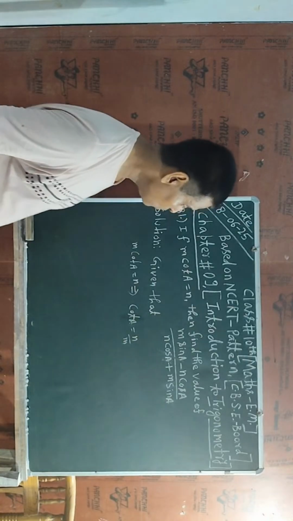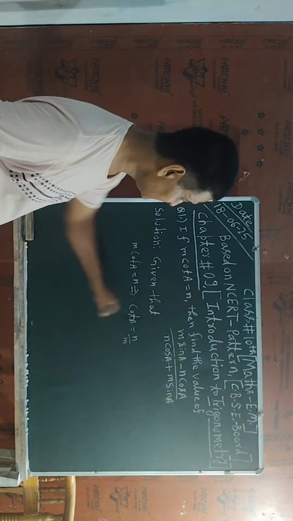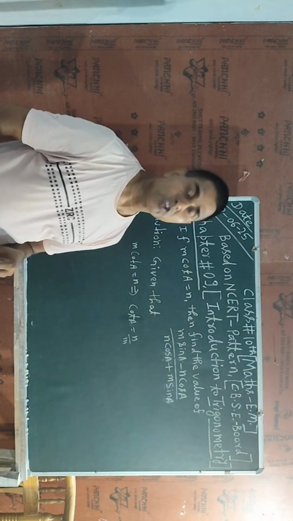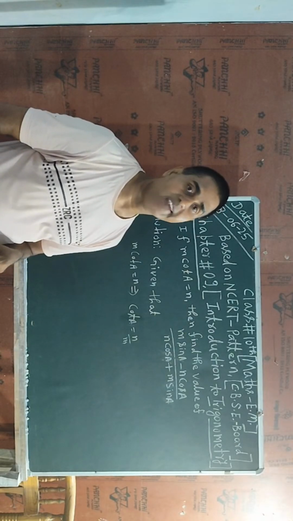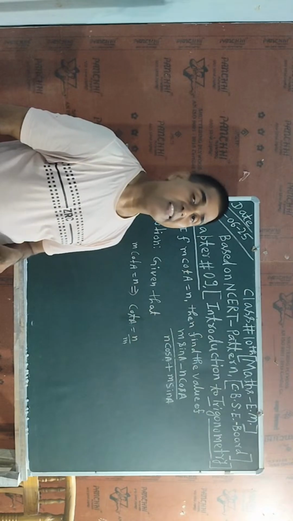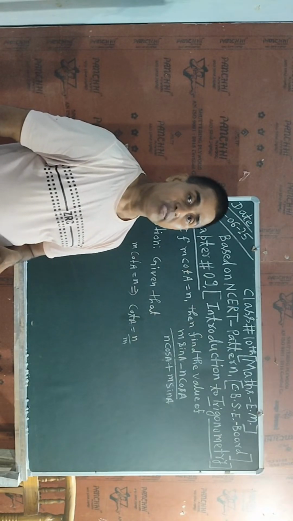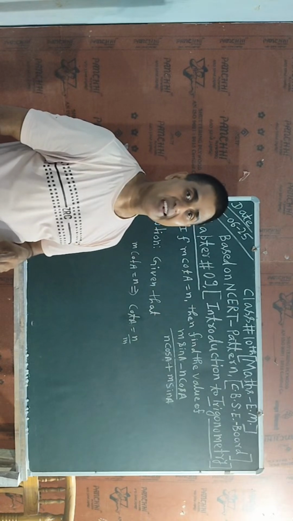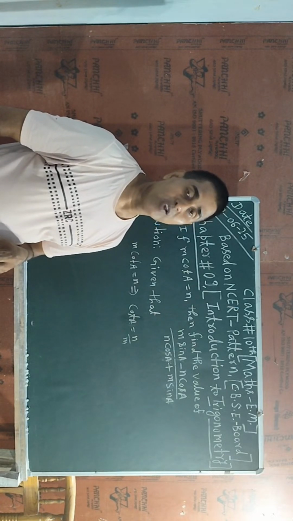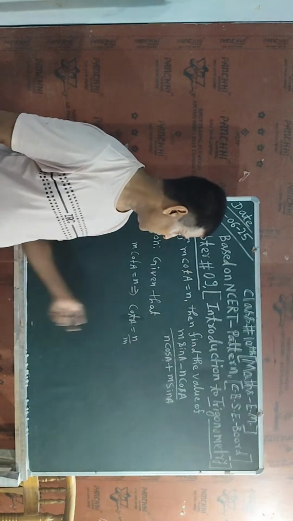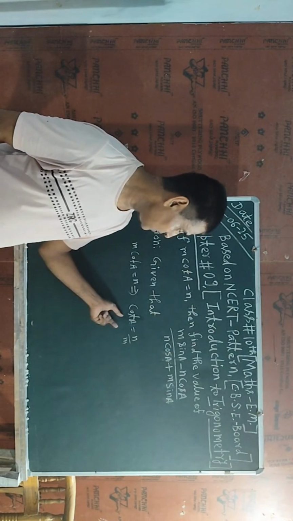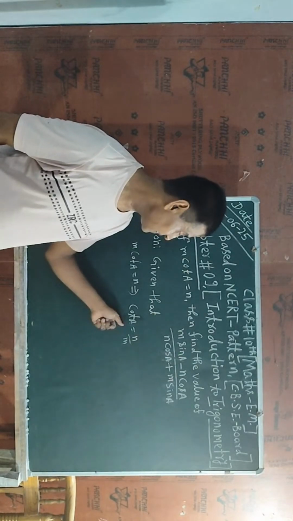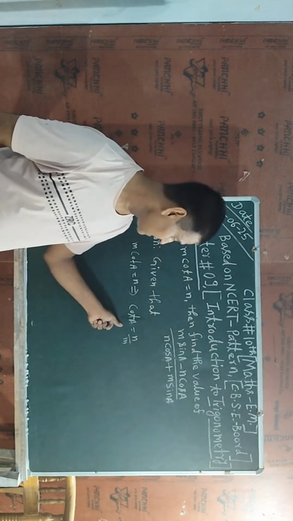Now all this information is available in a right angle triangle, because trigonometric ratio is defined in a right angle triangle. A right angle triangle has one angle 90 degree and the other two angles will be acute. So here I will draw a right angle triangle.